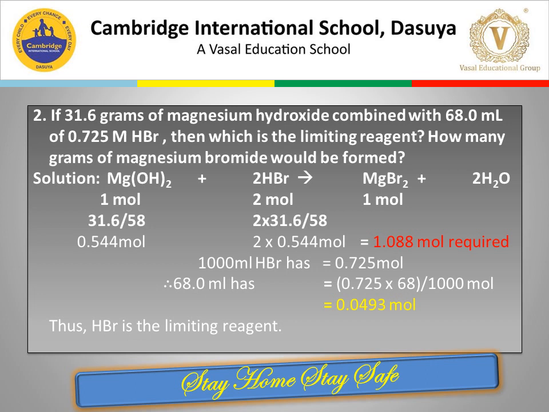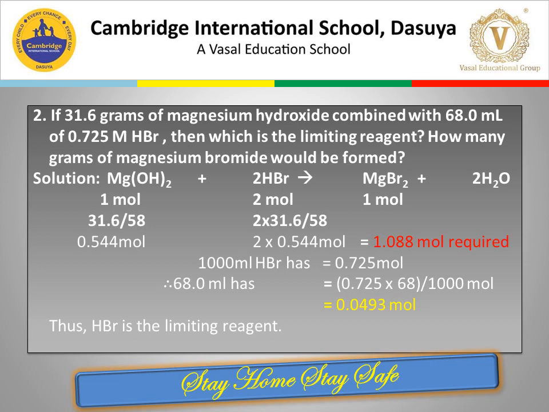In this question, we have to find out the amount of the magnesium bromide that would be formed when 31.6 gram of magnesium hydroxide reacts with 68.0 ml of 0.725 molar HBr.